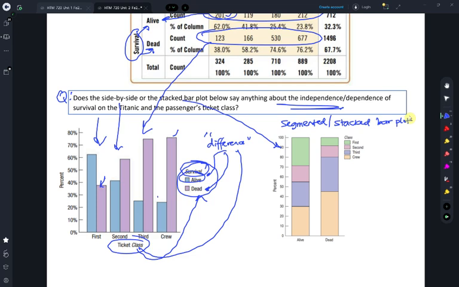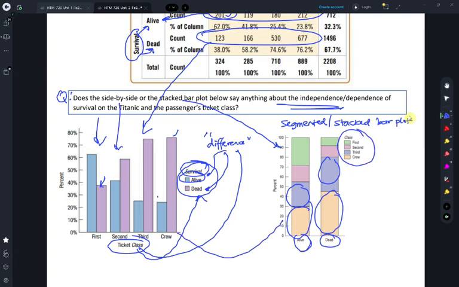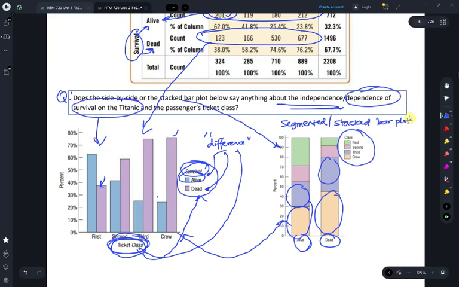The same can be said about the difference we observe here from going from those alive to dead for the different ticket class holders. So both pictures indicate that one variable makes a difference in the other variable, or there is a dependence of survival on the Titanic and the passenger's ticket class.